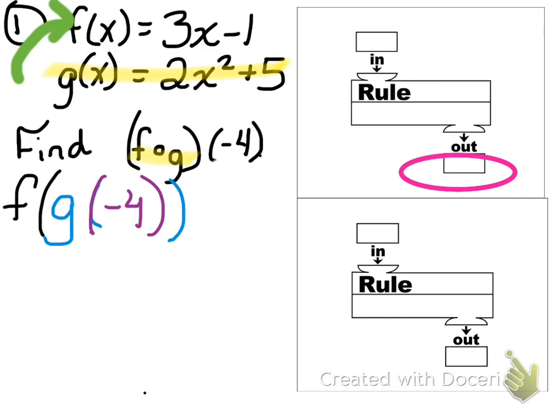The best way to do this is take it one step at a time. We're first going to find what g of -4 is. I'm going to come over here to the side and use this to help show the work for g of -4. We know that g of x is equal to 2x squared plus 5.